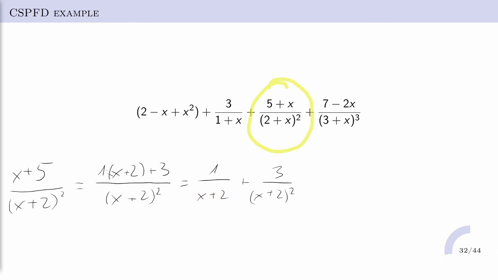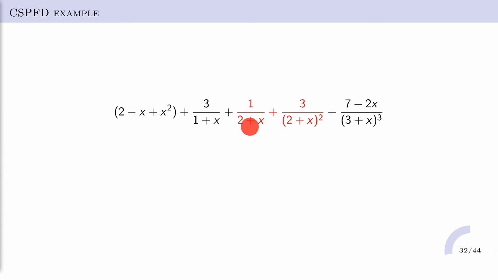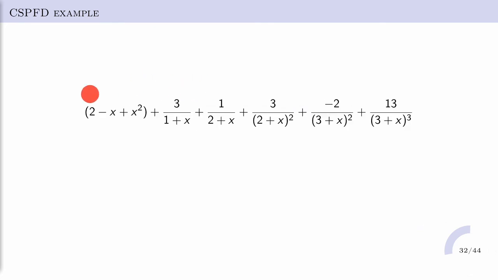I have already presented how we split this one, and we repeat the same thing for the other one, and we split it into a sum of 3 fractions. The first fraction contains 0, so it just cancels, and all in all we have the following complete square-free partial fraction decomposition.